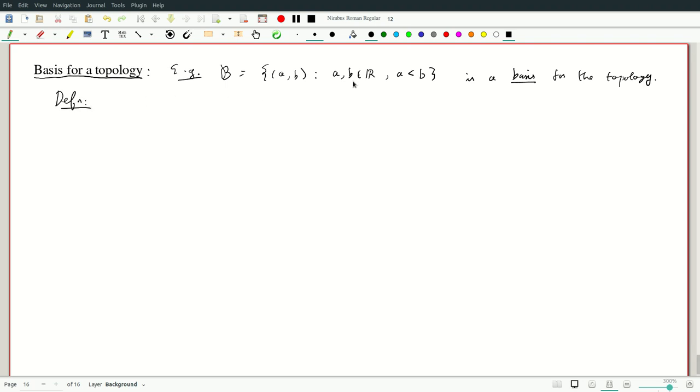Okay, so we can define things in a fairly obvious way. Remember open sets were unions of these open intervals.